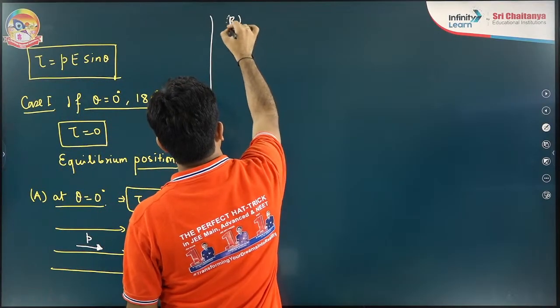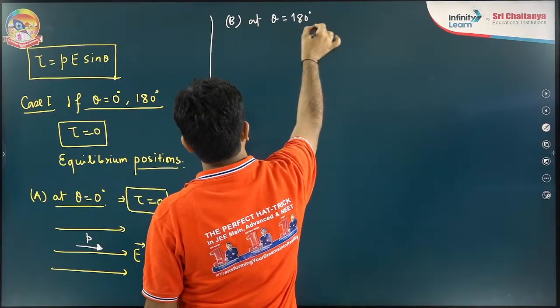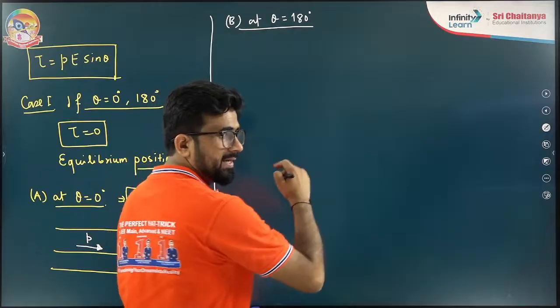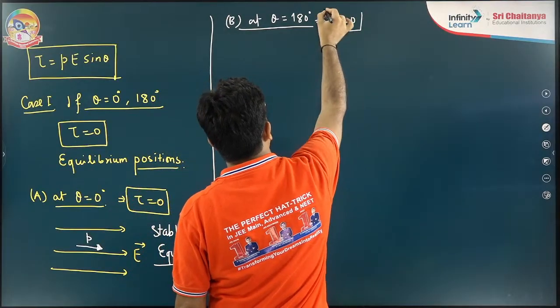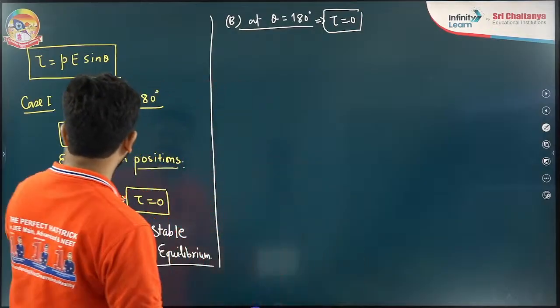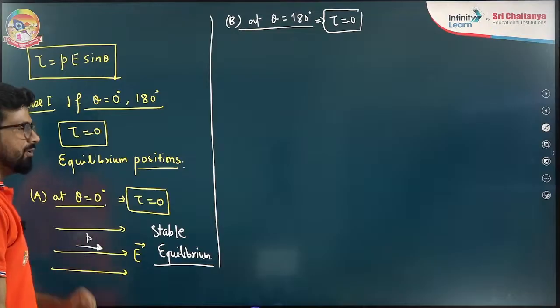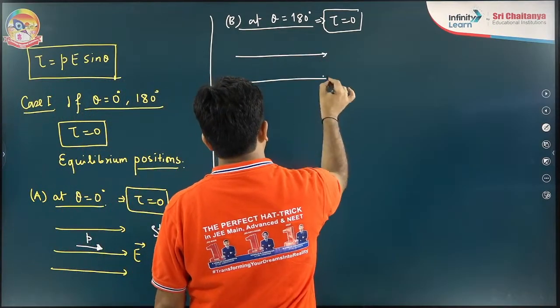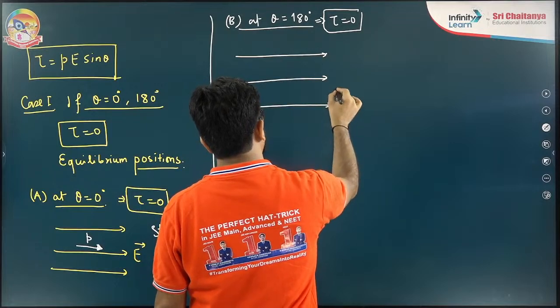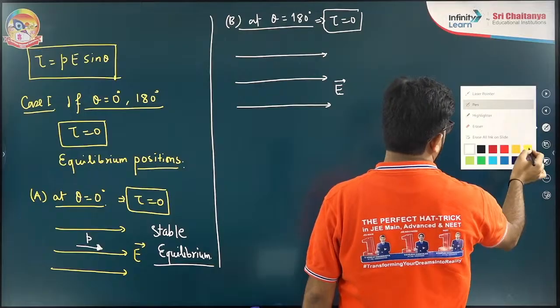Now come to the second case, theta equal to 180 degree. If I put theta equal to 180 degree, again you can say the torque is equal to 0, beta. Just now we have proved it. Now what is the meaning? If you draw the picture, it would be like this. This is the field, and the dipole moment is in the opposite direction.